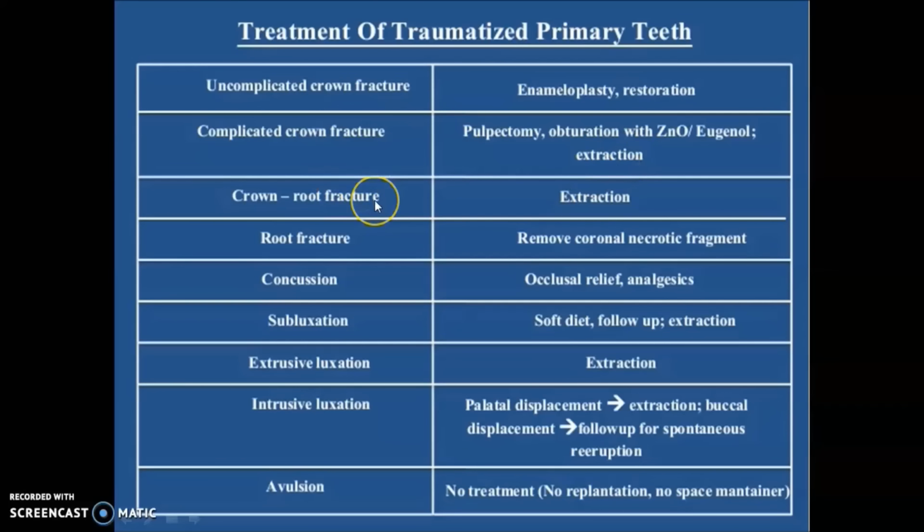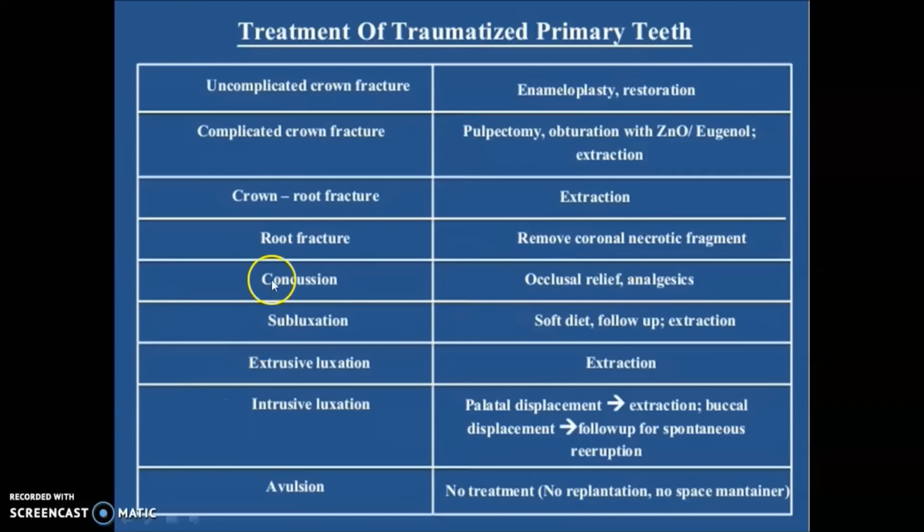Now aspirants, please notice this point. When there is crown root fracture, the extraction of primary teeth is needed. When there is root fracture only, you can remove the coronal necrotic fragments and go for the post and crown in your primary teeth. Remember, in primary teeth also we give post as well as crown.